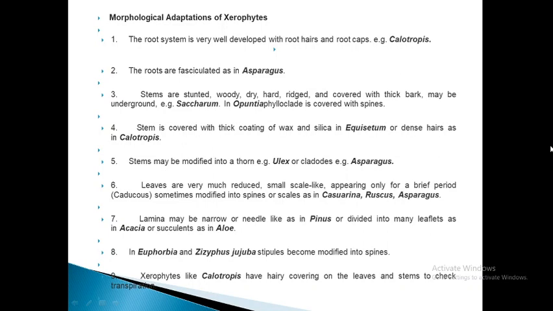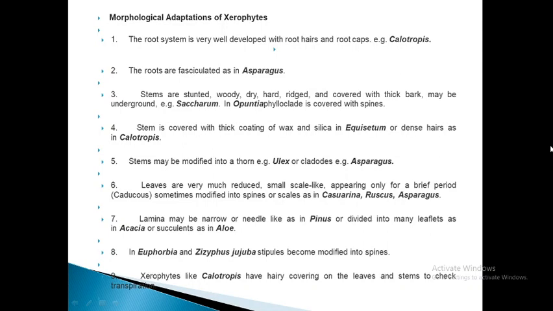Stems are stunted, woody, dry, hard, ridged, and covered with thick bark. They may be underground, for example, Saccharum. In Opuntia, the phylloclade is covered with spines.